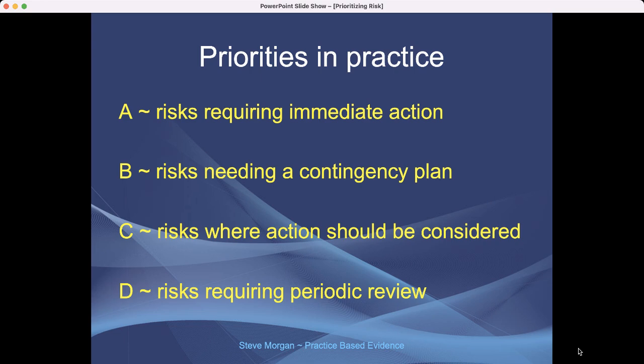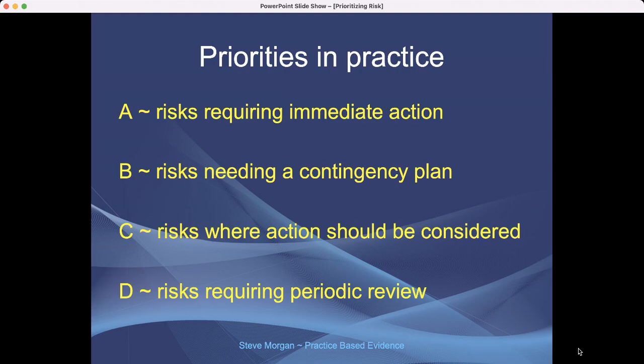Then again, how do we respond to each of these categories? The high impact and high likelihood risk clearly requires immediate action. The high impact but low likelihood risk needs a contingency plan, something in place, a rapid response as and when needed. The low impact and high likelihood risk needs constant consideration.